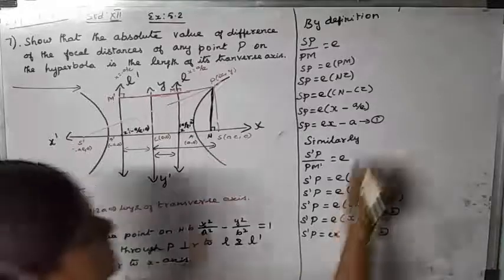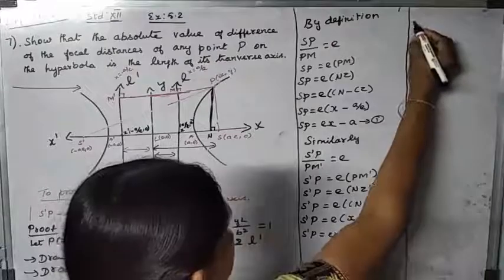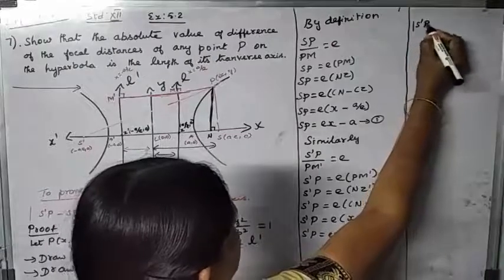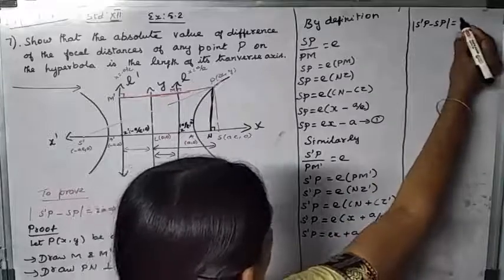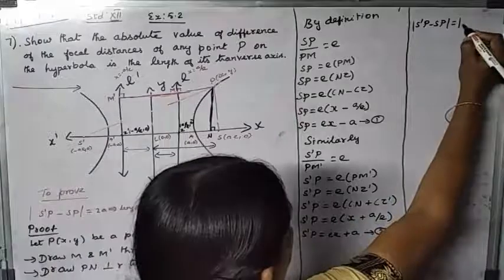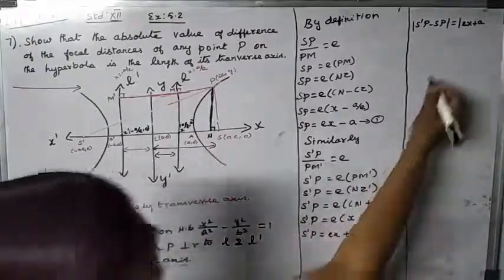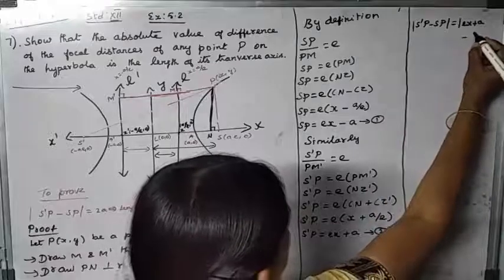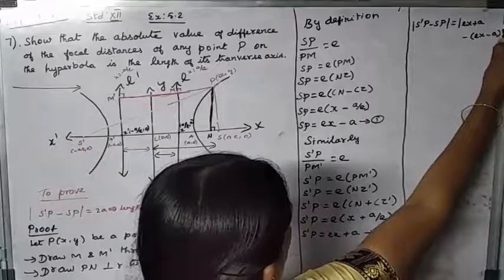Now take the difference. Absolute value of S dash P minus SP is equal to absolute value of S dash P, which is ex plus a, minus SP, which is ex minus a.